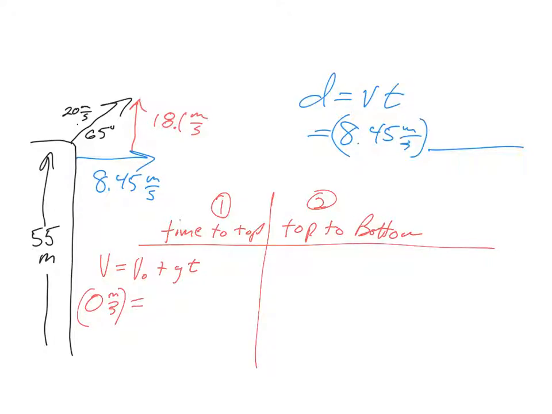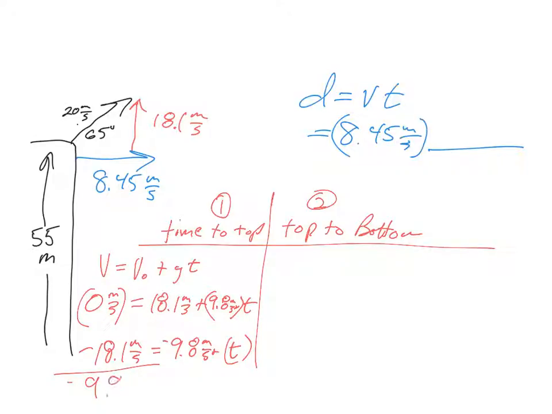When I go up, at the top of the path my final velocity for an instant is 0. My initial is 18.1 meters per second, and then I'm going to add my negative 9.8 meters per second squared times time, and that's what I need. I'm going to subtract that 18.1 from both sides and get negative 18.1 equals negative 9.8 times t. How do you get t all by itself?